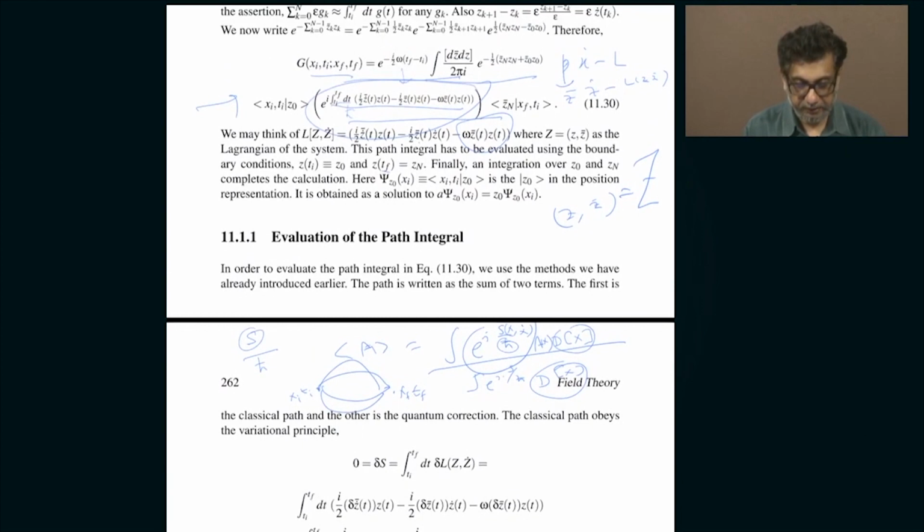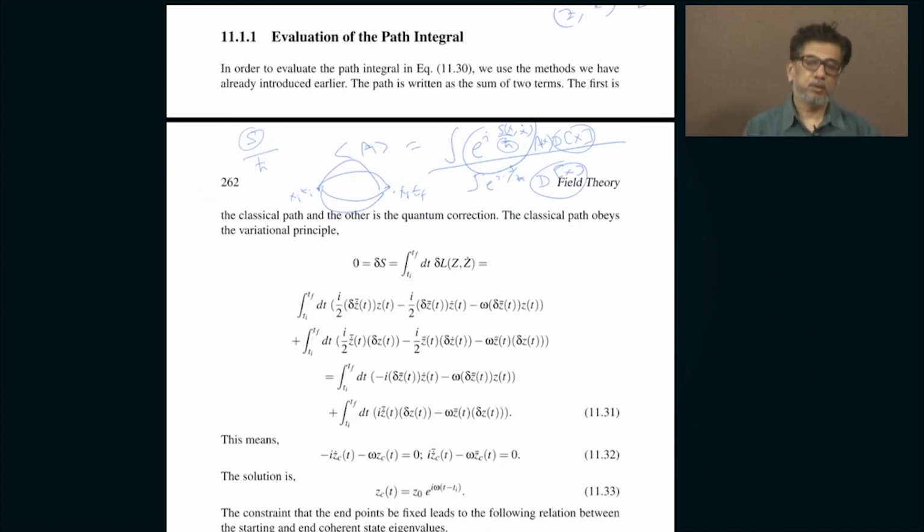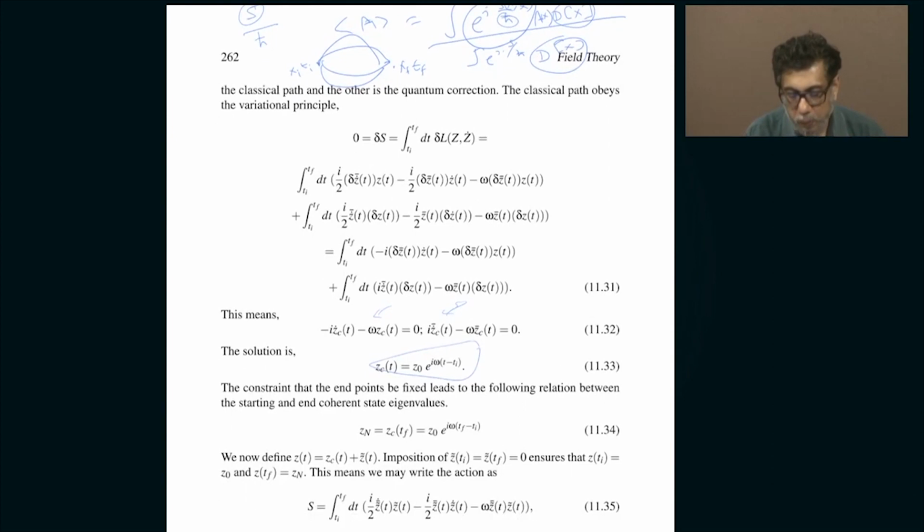The way we did that is we looked at the classical solution of the extremum, the path which extremizes the action, so that we can then go ahead and expand our path around that extremum. In order to find the extremum, we look at the variation of the action and set it equal to 0, and following very standard methods we get these equations. So, this is the classical path that comes out.